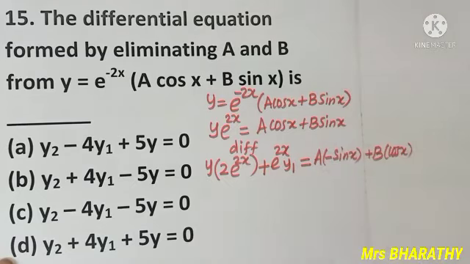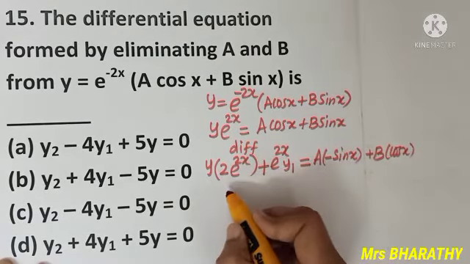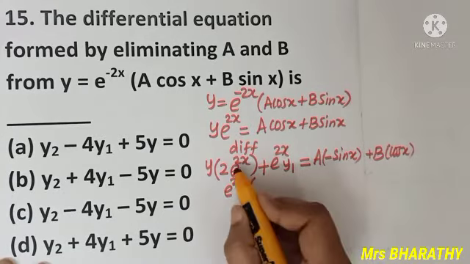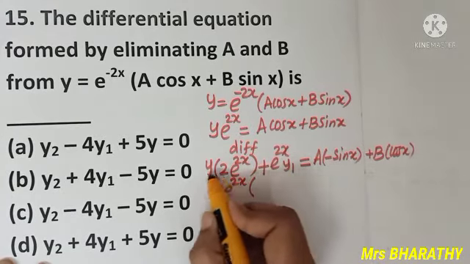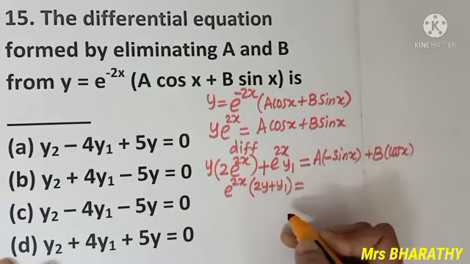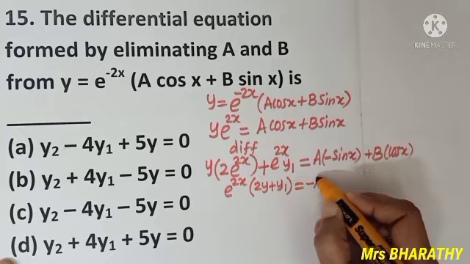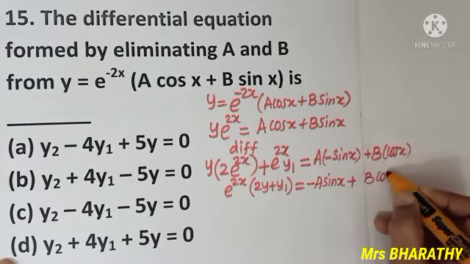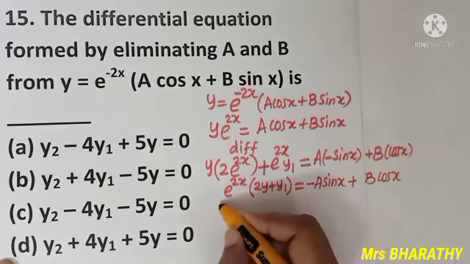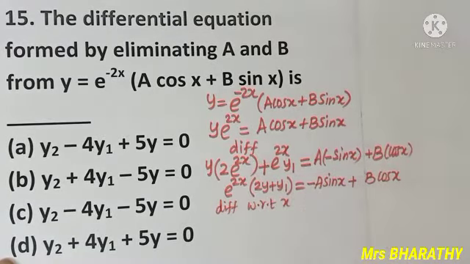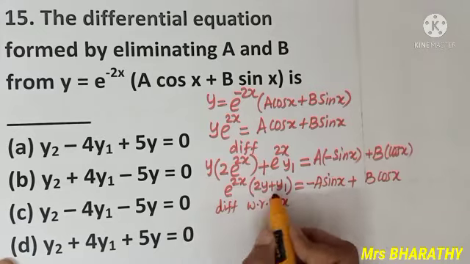Once again, we are going to differentiate. Before that, let us simplify. Here, e power 2x is common. If I take e power 2x as common, I am left with 2y plus y1. RHS minus a sin x plus b cos x. As we differentiate again with respect to x, again there are two terms in the LHS.